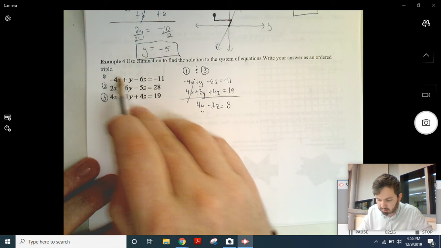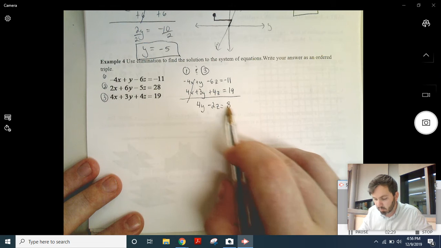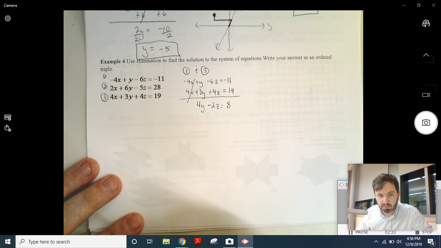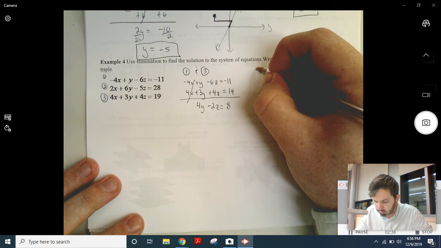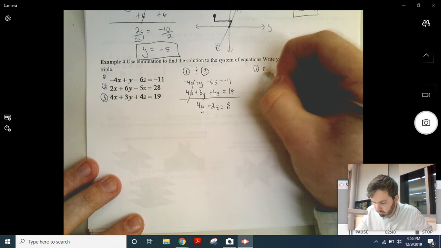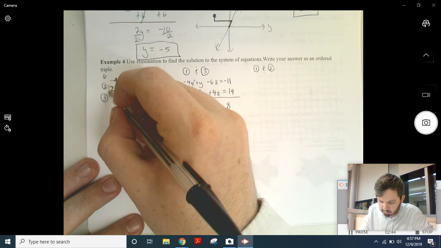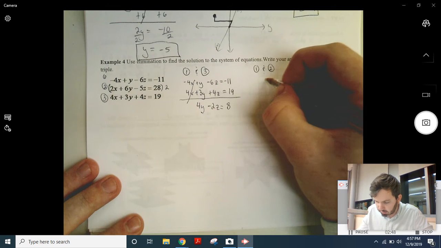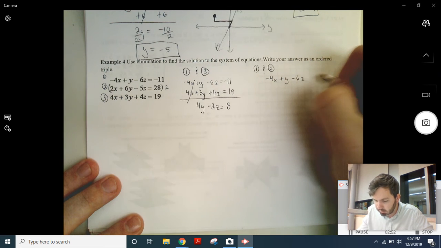So we have a new equation in terms of y and z. Now we need to do it again with our first two in order to get another new equation with y and z, and then we're going to use those 2 new ones and combine them. So here we want to do equation 1 and equation 2, but we want to be a little bit careful. With equation 2, we're going to multiply it times 2. The first equation is -4x plus y minus 6z equals -11.